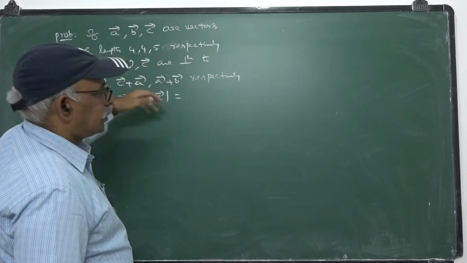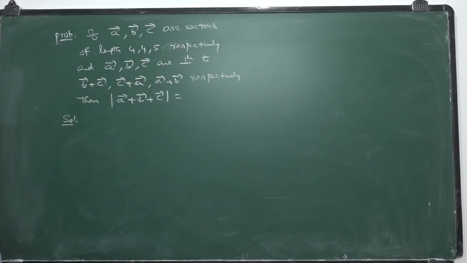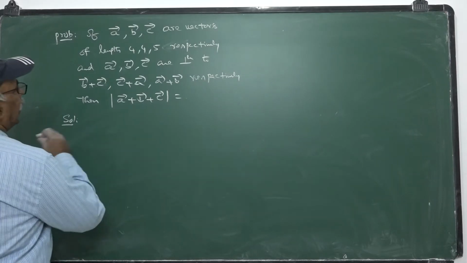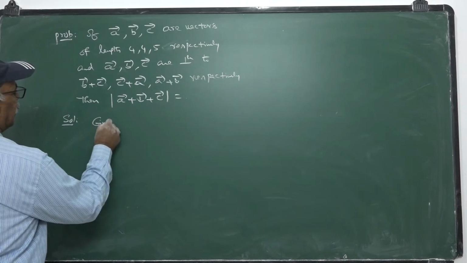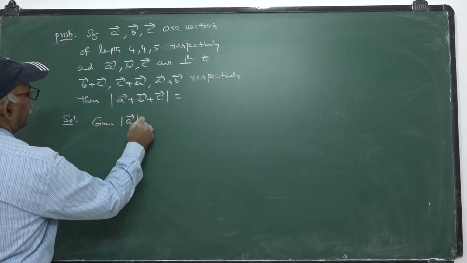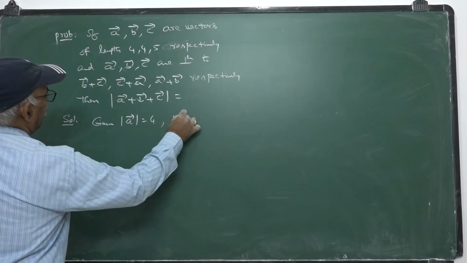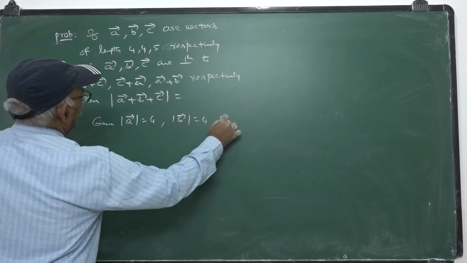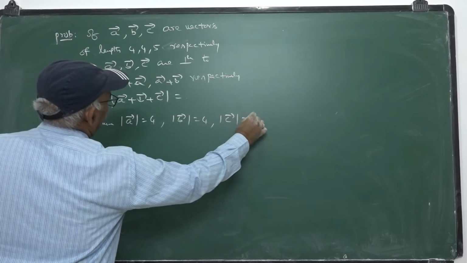In such case, the magnitude of the resultant of the vectors A bar plus B bar plus C bar is? Now given mod A bar equal to 4, mod B bar equal to 4, mod C bar equal to 5.